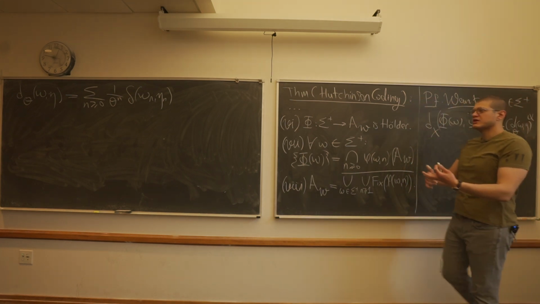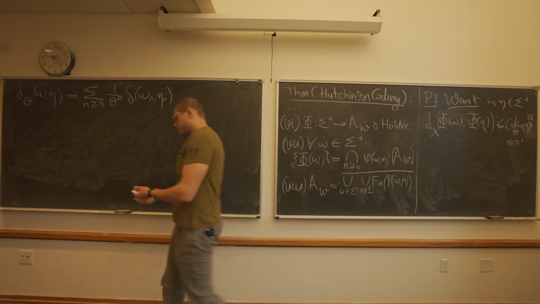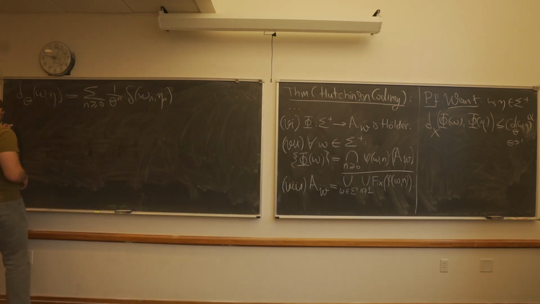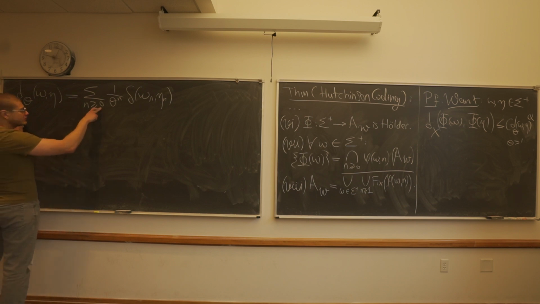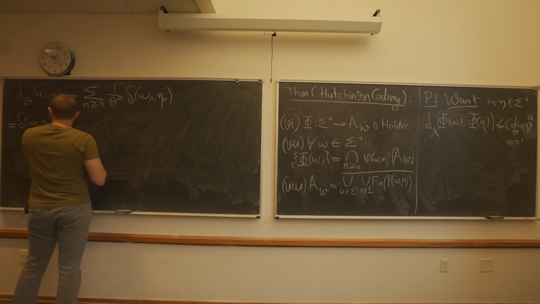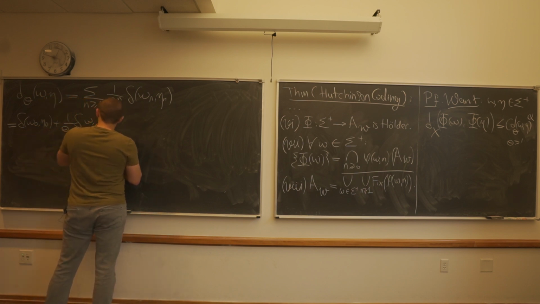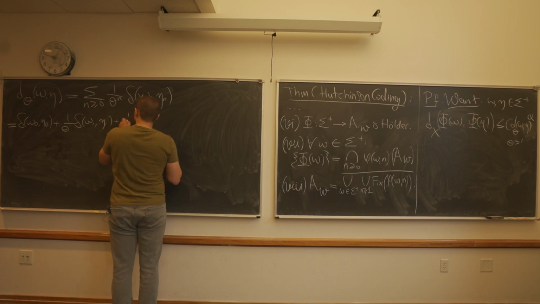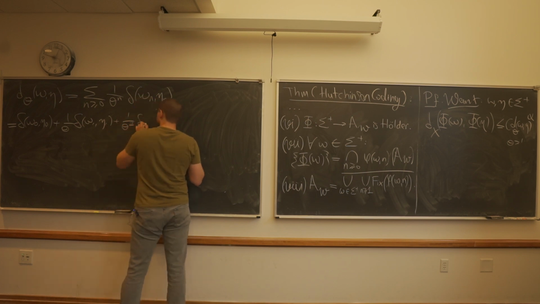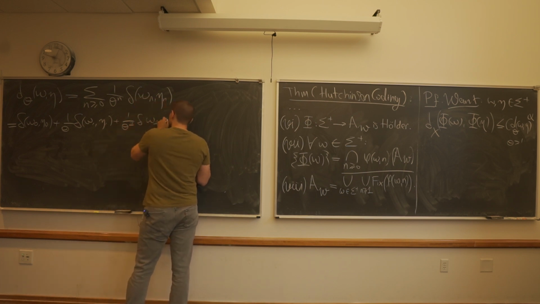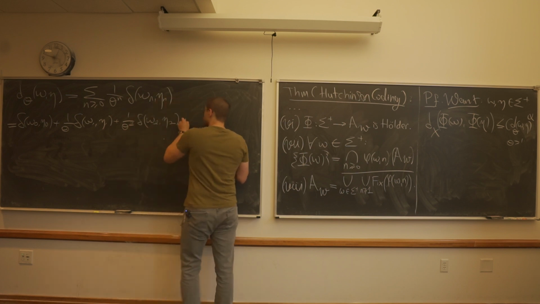So it's going to be 1 if they are the same entry, or 0 otherwise. So maybe I should write this out explicitly as well. Starting from 0, I have this plus 1 over theta, delta of omega 1, eta 1, plus 1 over theta squared, delta of omega 2, eta 2, and so on.